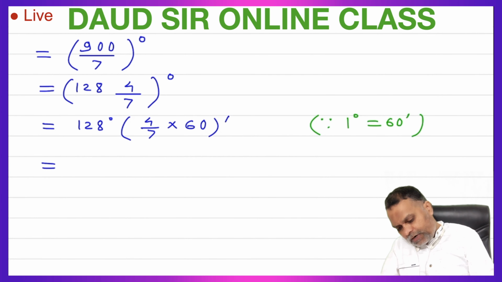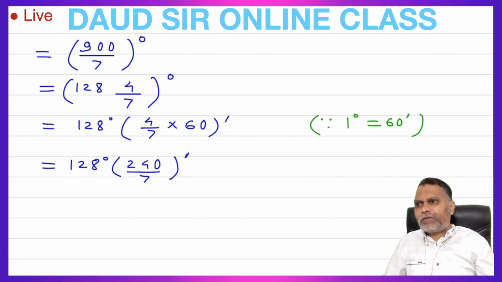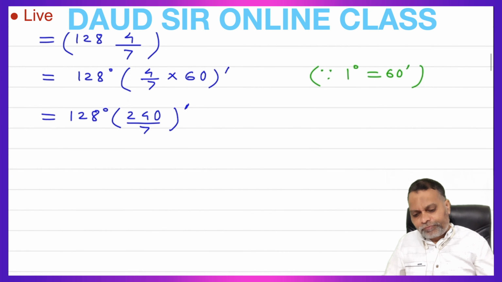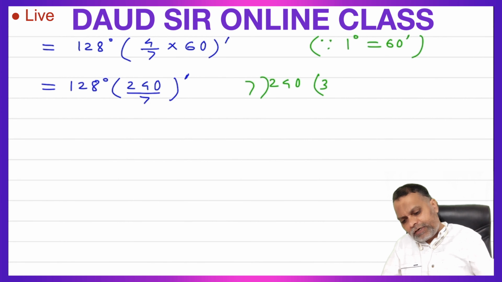So this is 128 degrees, and 4 6s are 24, 240 upon 7 minutes. Divide this 240 by 7. 7 3s are 21, 3, 7 4s are 28, 2.